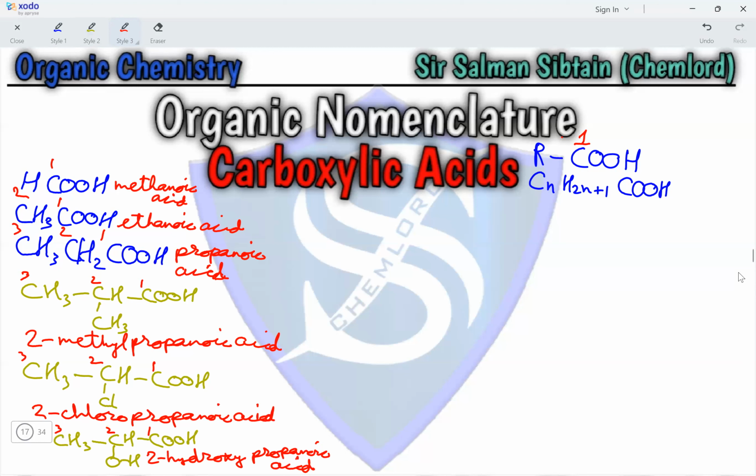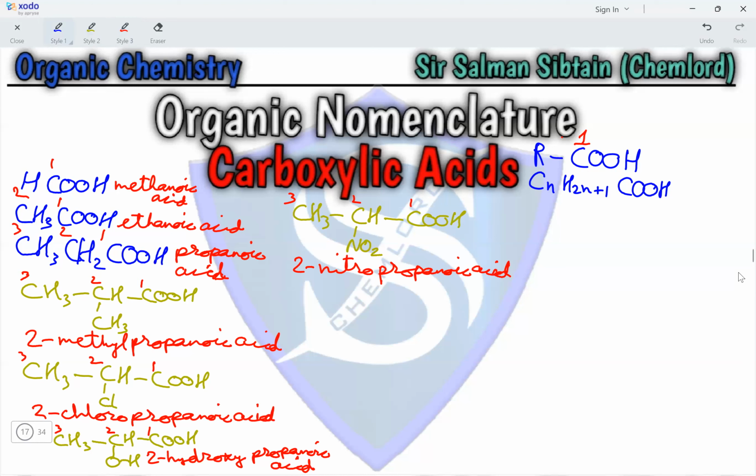Another example of a functional group and a substituent group being present together would be placement of a NO2 group. NO2 group is called a nitro group on a carboxylic acid. So the numbering would be done 1, 2, and 3, and the name of this compound would be 2-nitropropanoic acid.